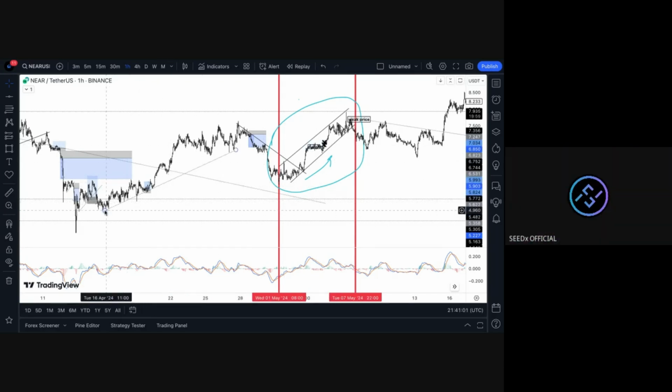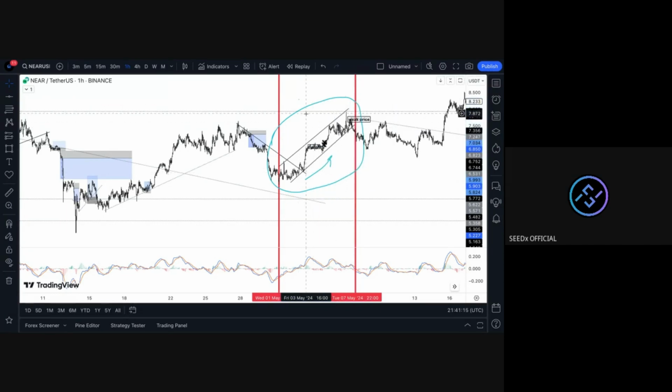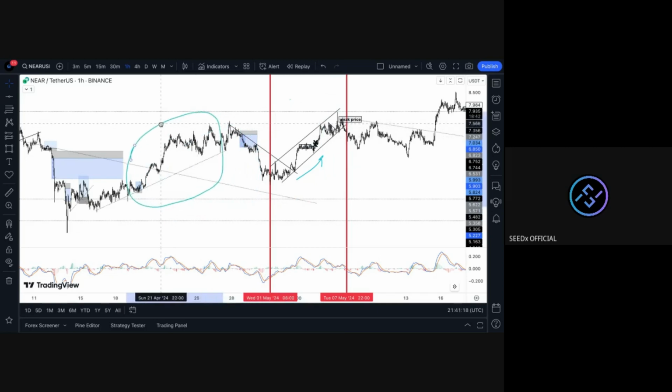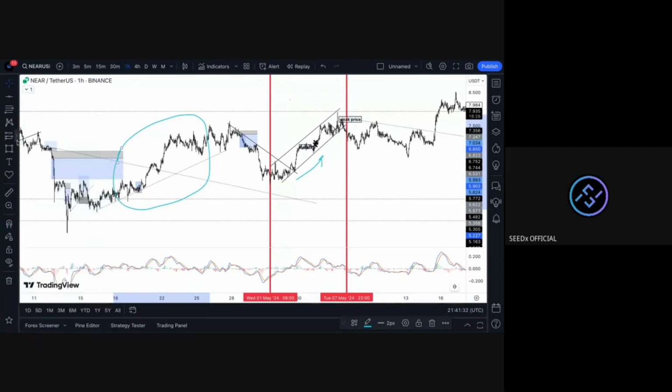This is an uptrend. Do you understand? This is what you call an uptrend. This right here, let me circle it. Let me use this. Did I get this? A second.